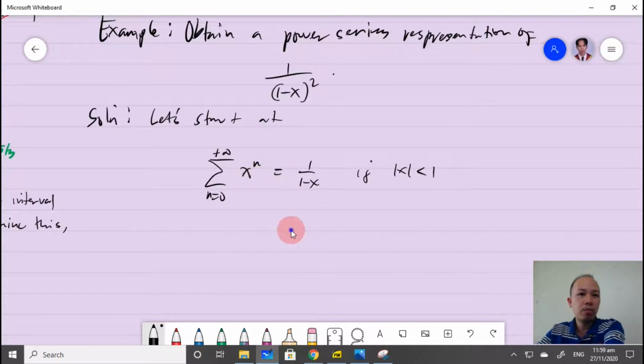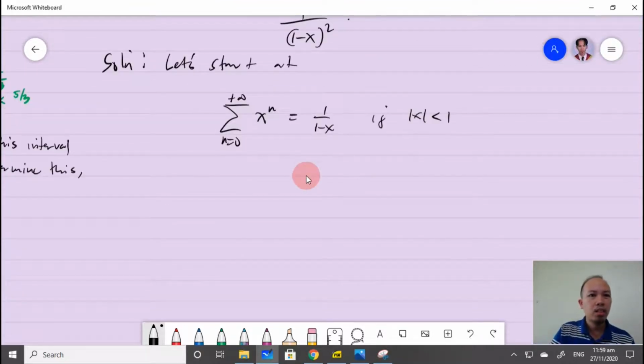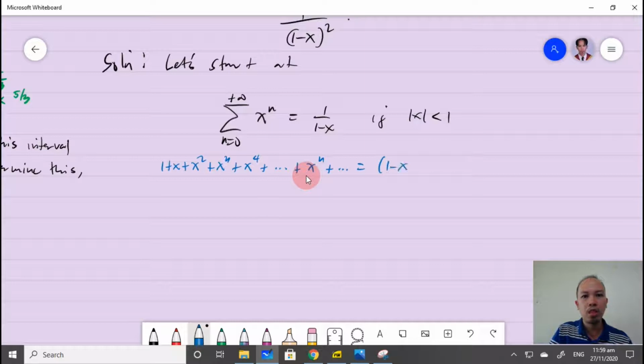But first let's express this as a sum. Expanded, this is 1 plus x plus x squared plus x cubed plus x to the 4, and so on up to x to the n plus dot dot dot. This is equal to 1 minus x to the power of negative 1. So get the derivative.